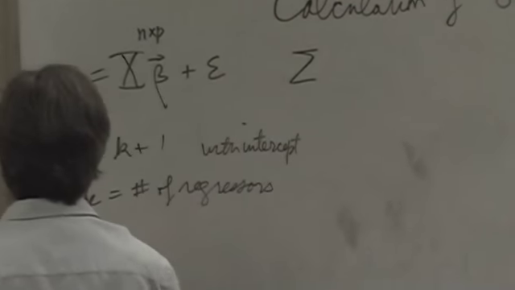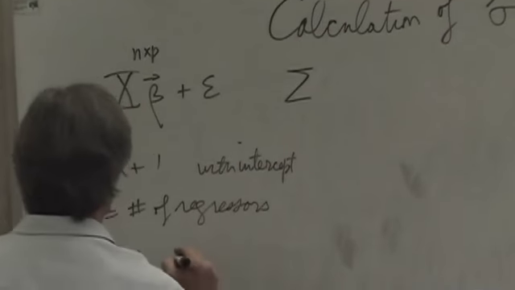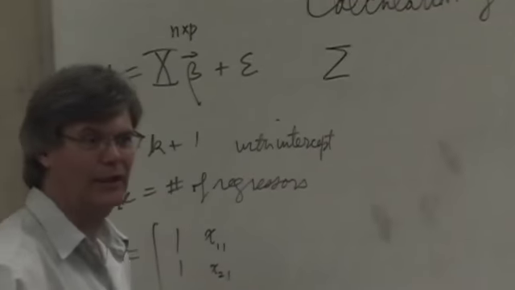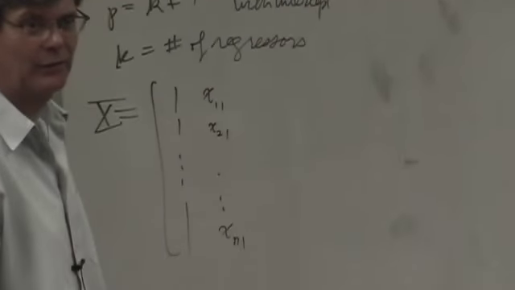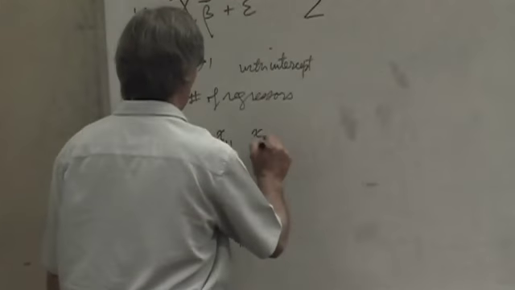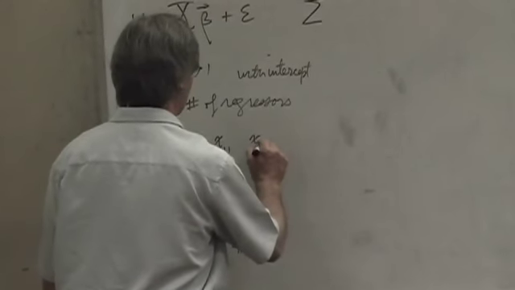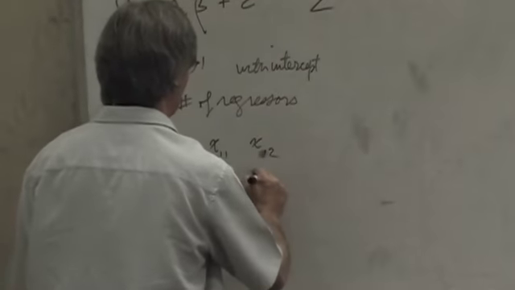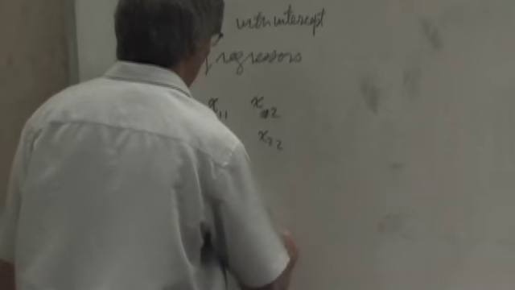So X looks like this. It's a column of 1s. It's then x11, x21, and so on, xn1. Okay? That's the first regressor. You have n x values. And then you have a second regressor. You have n more x values of a different variable, x12, x22, down to xn2.